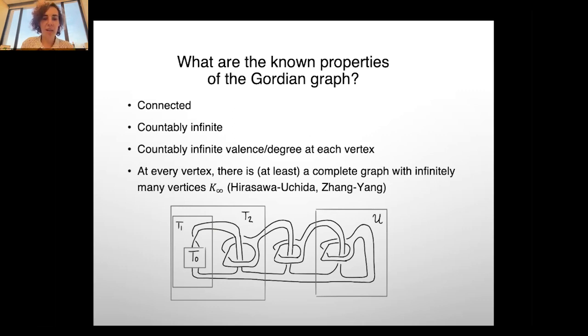And the proof of this is basically a picture like what is drawn here. If you stare at this picture for a while, you can convince yourself that if you add an arbitrary number of tangles U to this picture, then you can create an edge amongst any of the knots created by adding extra tangles U. So this gives you your K infinity. So it's very hard to study such a complicated graph.